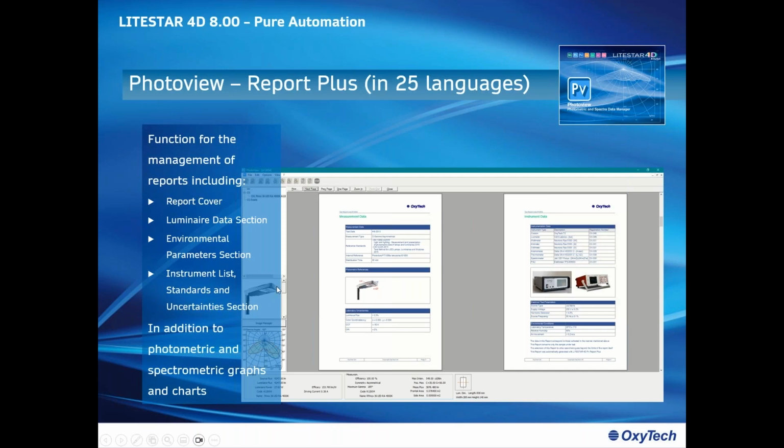So you can put together the previous pages related to the visualization of the graphics and tables with the general information about the laboratory and about the instrument, etc. The new Report Plus manages the report cover, the luminaire data section, the environmental parameter section, the instrument list, the standards, and the eccentricity section. So it's all part of the whole document now.